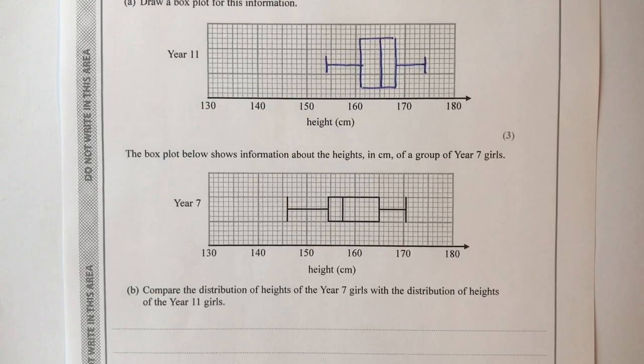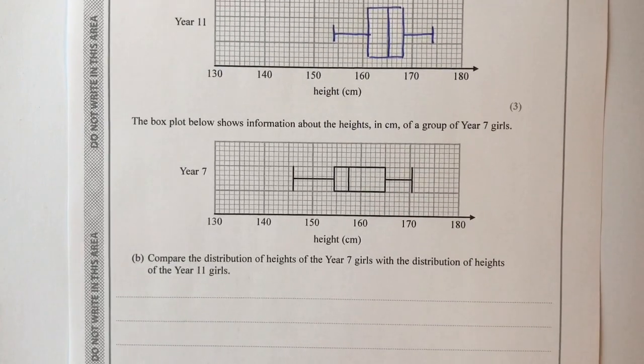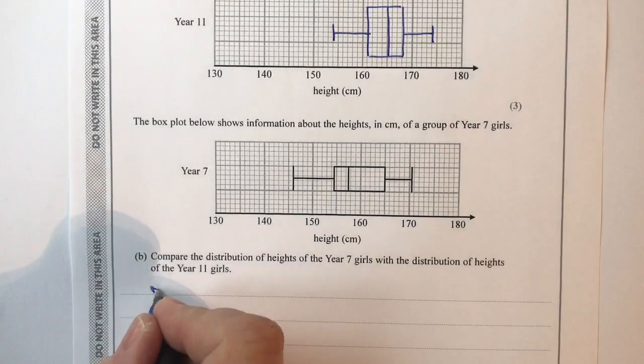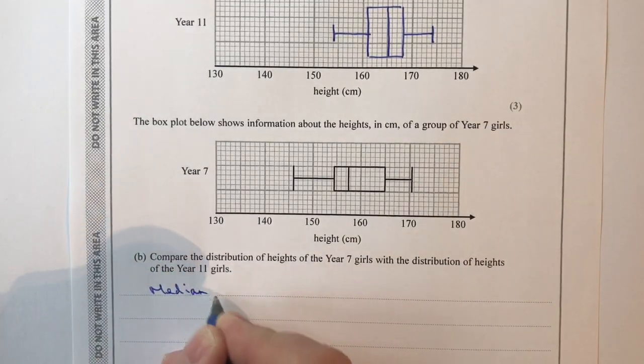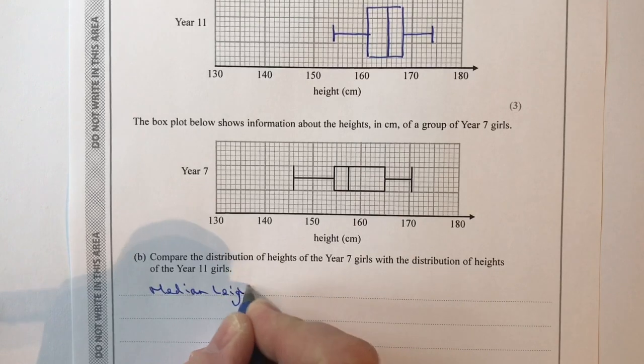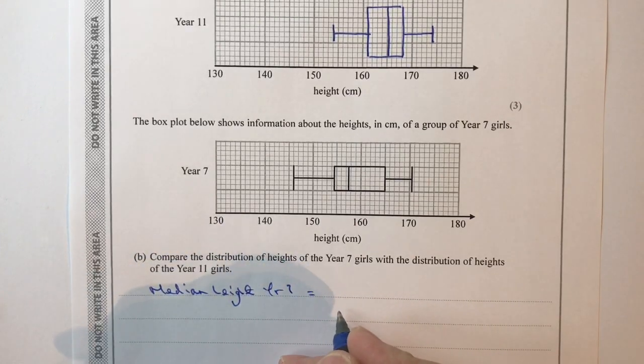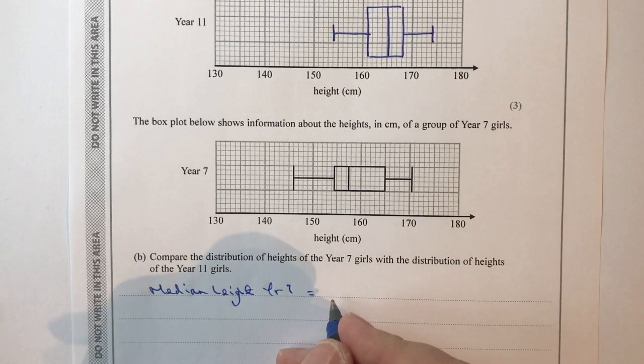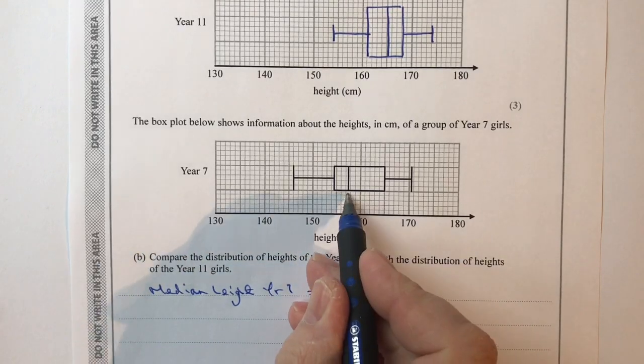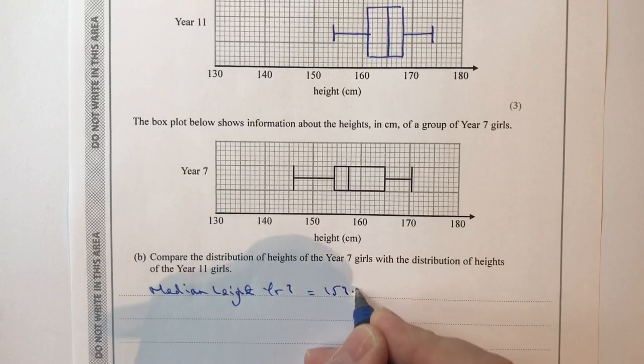And all it says is compare the distribution in the heights of year 7 girls with the distribution of heights of year 11. Really all they're asking you to do is just read off from the box plots that you've drawn. So the median height of year 7 equals, I had it as 157.5 centimetres.